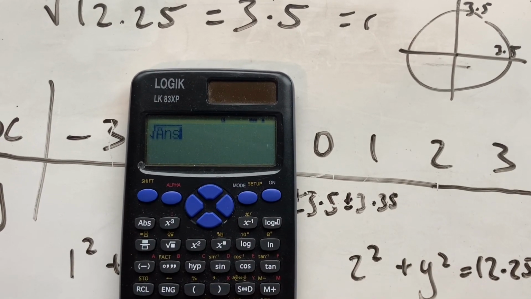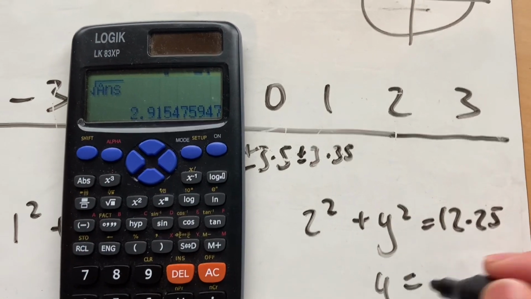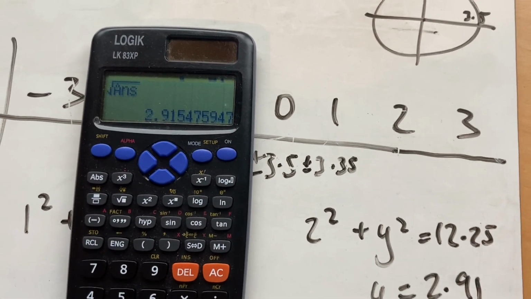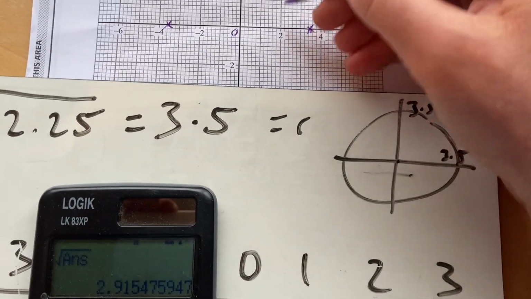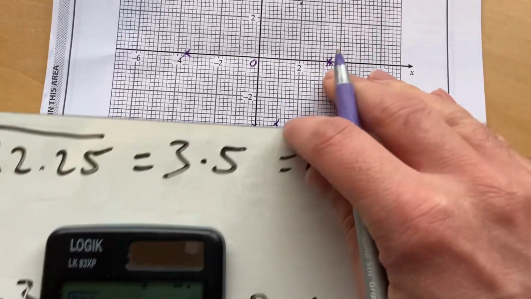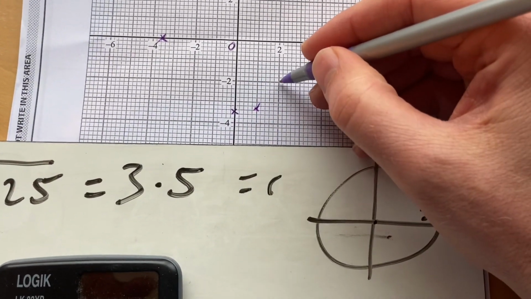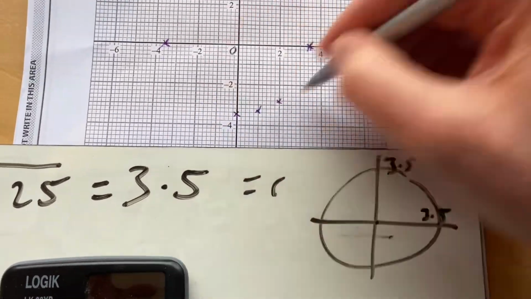Square root of that, and I get 2.91. So y is 2.91 plus or minus. So when x is 2, I'm going to get 2.91, roughly about there, roughly about there. Okay, and obviously it is symmetrical.